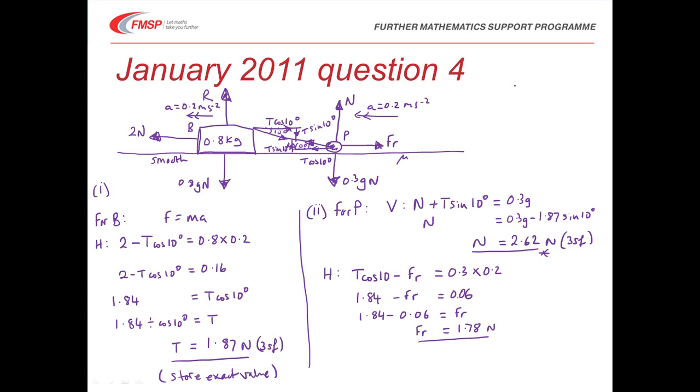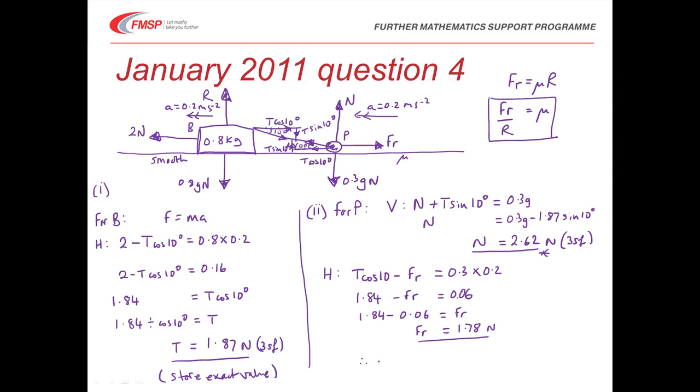Now, because it's moving, friction is taking its maximal value, so friction is mu R. If I divide both sides through by R, that means mu is friction divided by R, and that's the result I'm going to use now to find the value of mu.